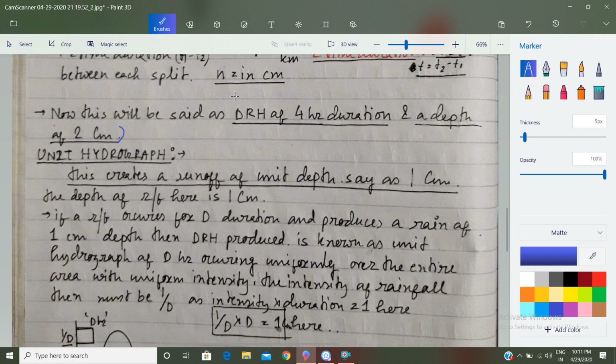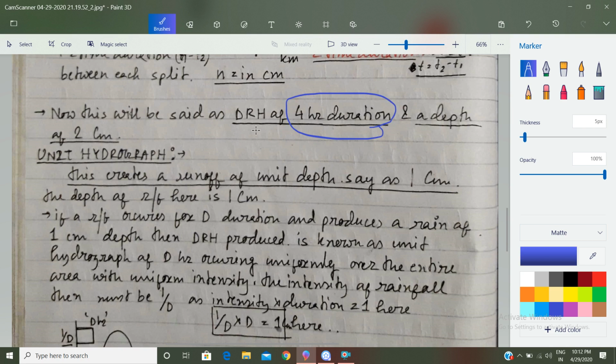If it is stated like that, we understand that a 4-hour duration storm has occurred and resulted in a direct runoff hydrograph with a depth of runoff of 2 centimeter. If it is stated as a unit hydrograph of 4-hour duration, then it need not state a depth, because we understand that this depth will be 1 centimeter only.